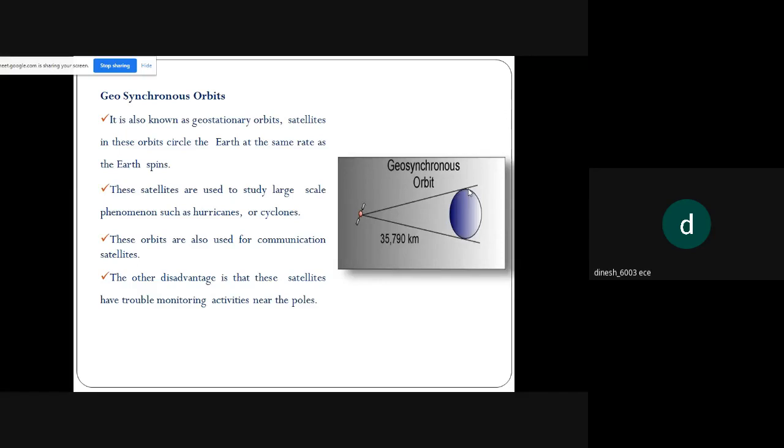The disadvantage in the geosynchronous is that near the poles, it is very difficult to track the information from the geosynchronous satellites. So for that, we'll be using polar. These are placed about 36,000 kilometers from the Earth's surface.